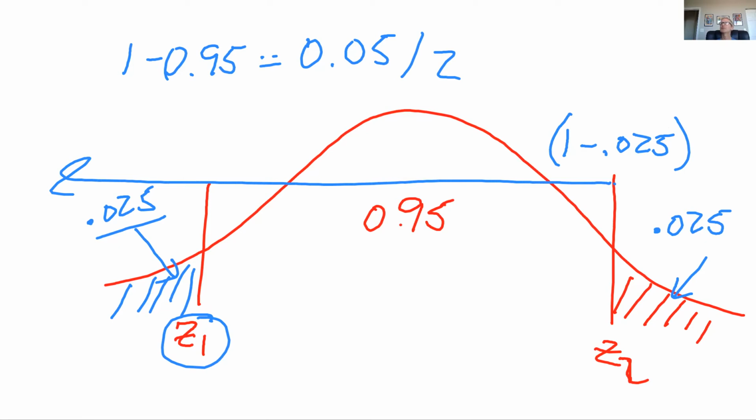And so when you use the spreadsheet in this calculation, I'll just let it do the math, 1 minus 0.025. And you can see you get the same one, but positive. So this one here would be +1.96, as we illustrated again in the PowerPoint presentation.